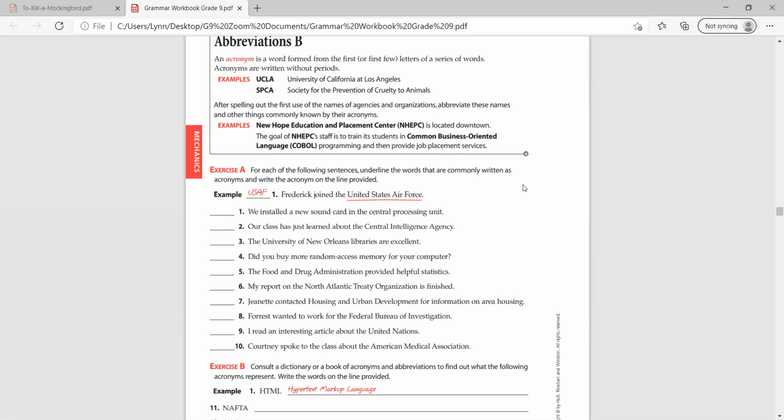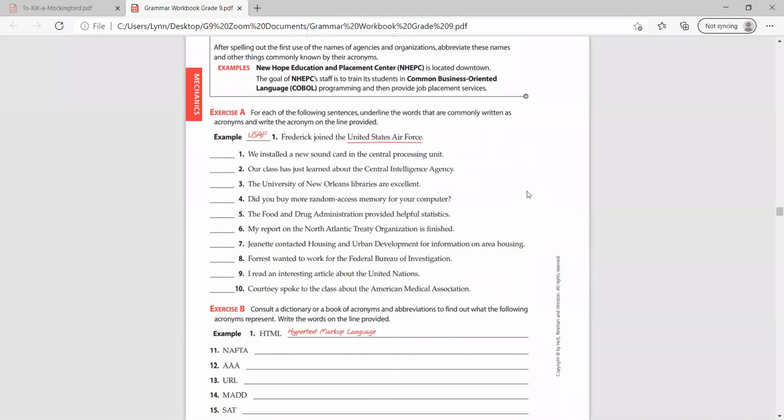Remember, after spelling out the first use of the names of agencies and organizations, abbreviate these names and other things commonly known by their acronyms. Example, New Hope Education and Placement Center. The acronym would be NHEPC. All right. Mihad, would you do the first 5, please?